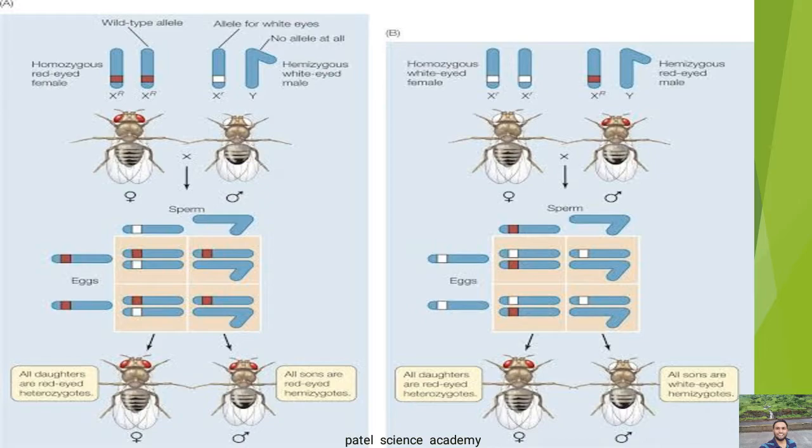Then what did he get? He observed that the two genes did not segregate independently of each other, and the F2 ratio deviated very significantly from the 9:3:3:1 ratio.